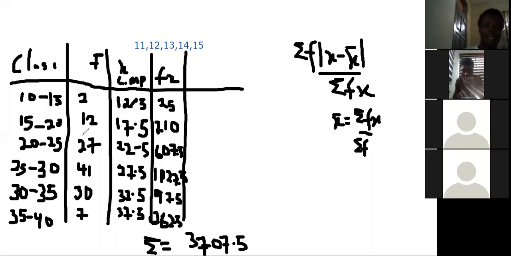Then you come and divide it by this one. So we are now finding the mean. This is sigma fx all over sigma f.